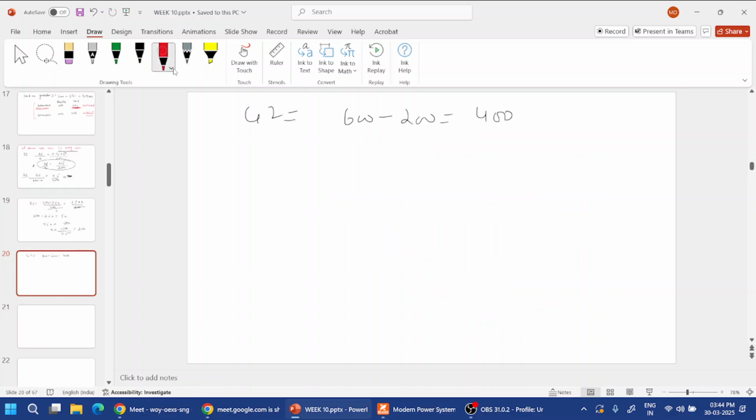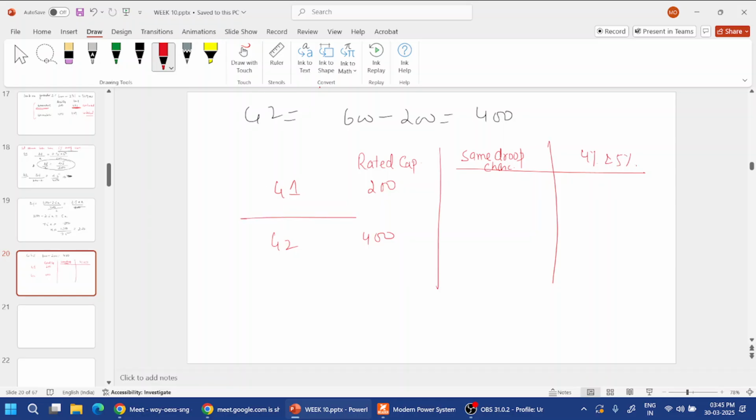So here I would again write G1, G2, rated capacity. What is the rated capacity? 200, 400. Now here, same group characteristics, and 4% and 5%.